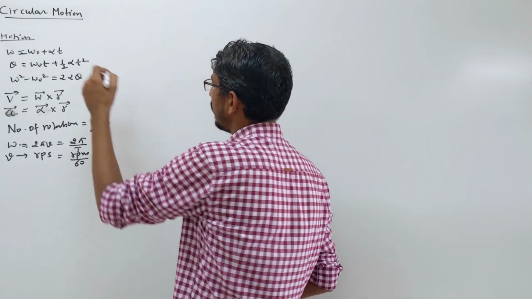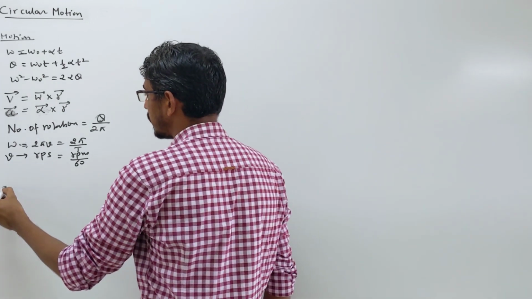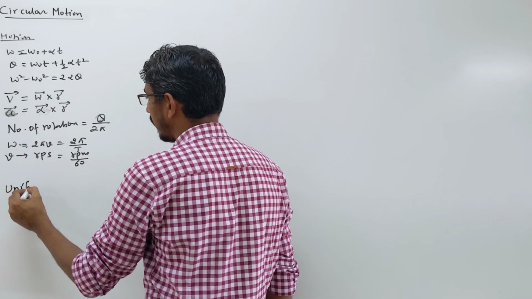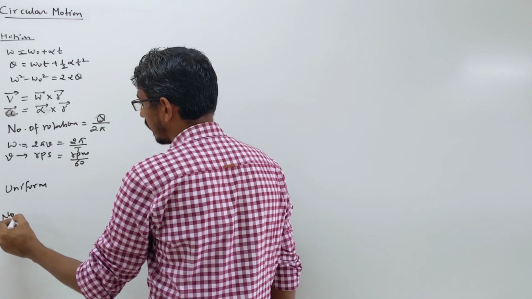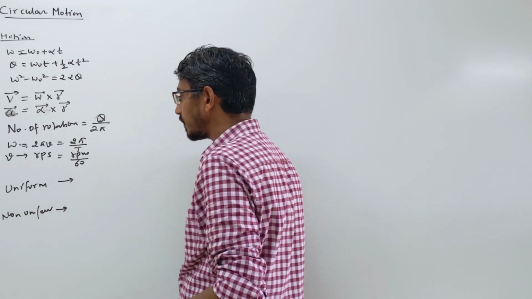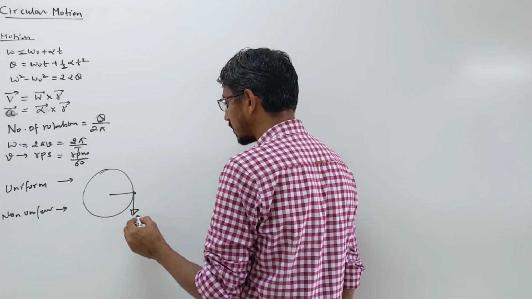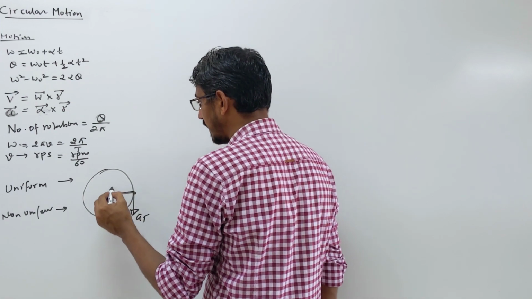Okay. So after doing this, we have learned two types of circular motion, right? We learned uniform circular motion and non-uniform. What's the difference between them? In a circular motion, we have two accelerations. One is called tangential, this is called centripetal, right?